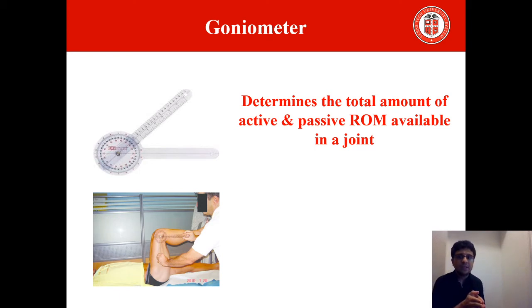So if your joint is moving in a 2D plane, in a very simple fashion, you can use a goniometer, which is a combination of two scales, and there are the angles which are there connected to this instrument, and you can measure what is the range in which the joint is moving. It is actually pretty simple. We have those goniometers. I can show you it in the lab, but we are not going to use it in our practical today.